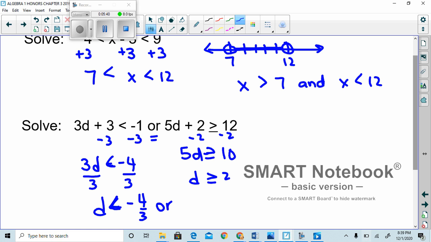Okay, so we have D is less than -4/3, or D is greater than or equal to 2.